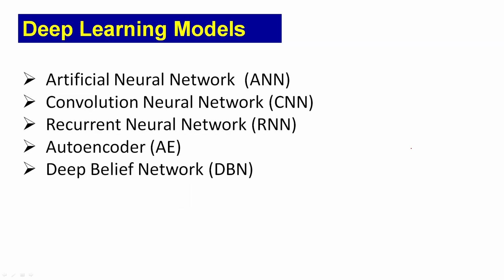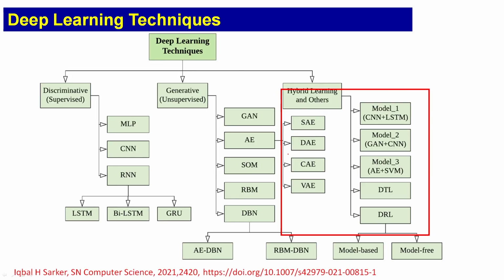And we talked about ANN, we talked about CNN, RNN, autoencoders, and also the deep belief network or DBN. These are part of the normal deep learning models. This chart shows you what deep learning methods are possible. Remember supervised and unsupervised learning. In supervised we talked about MLP, that is the multi-layer perceptron model.